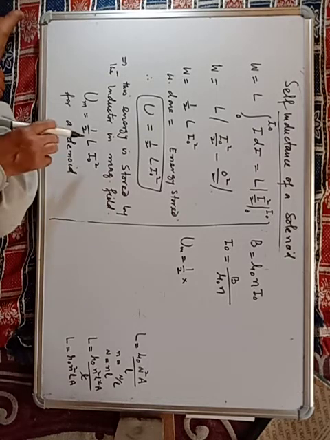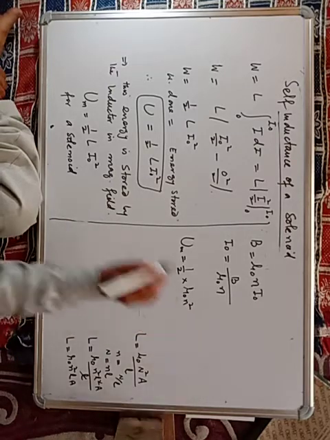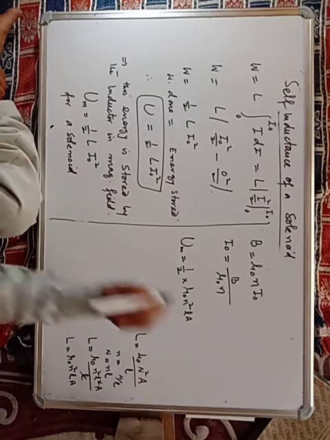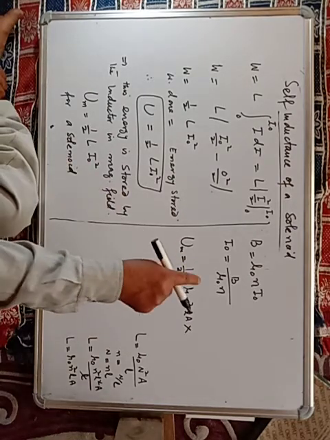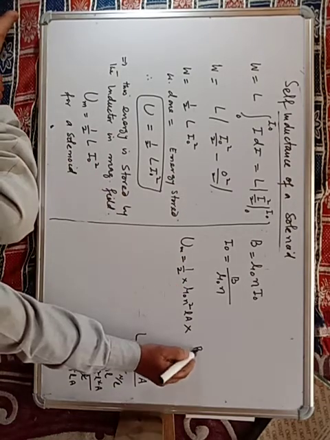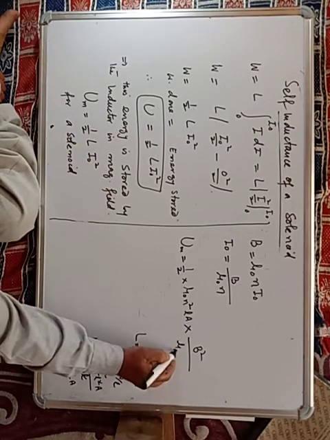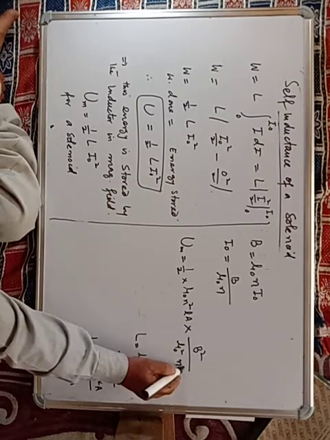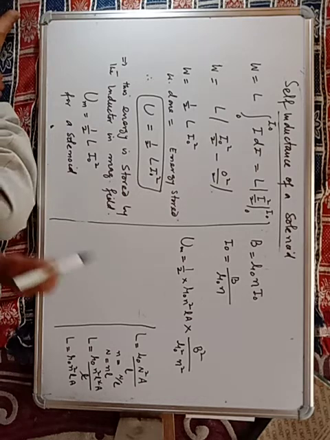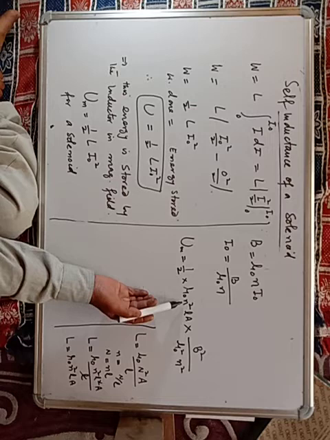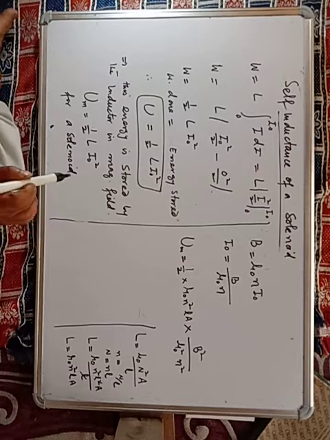तो हम यहाँ पे डाल देंगे L के बदले में, it is mu naught n square L A, right, into हम I naught के बदले में डाल देंगे, ये आपका B square होगा, B square divided by, क्योंकि I naught का square है, यहाँ पे mu naught square होगा और यहाँ पे n square होगा. हाँ, इसको कैलकुलेट कीजिए, n square और n square कैंसल हो जाएगा, राइट? एक mu naught और एक mu naught भी कैंसल हो जाएगा.